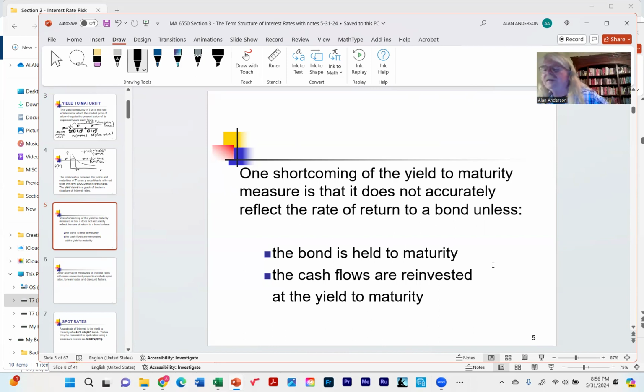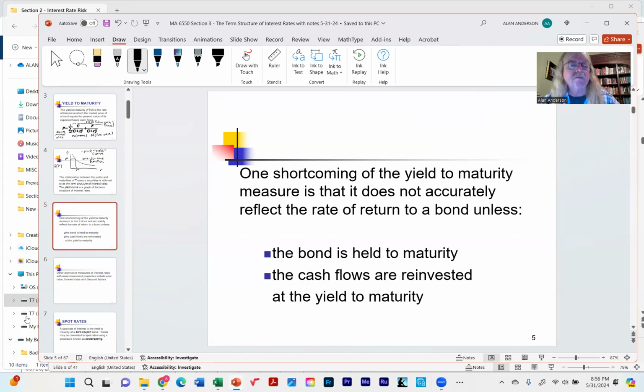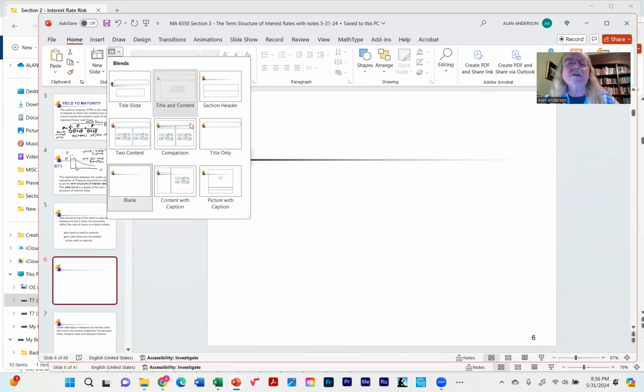So, why don't we think about it this way? What could cause the rate of return to deviate from the yield to maturity?